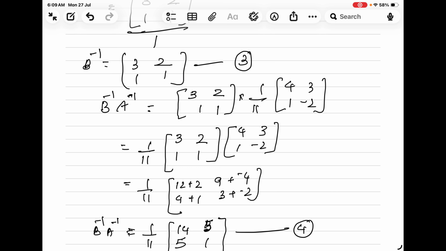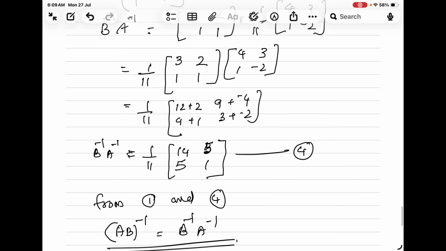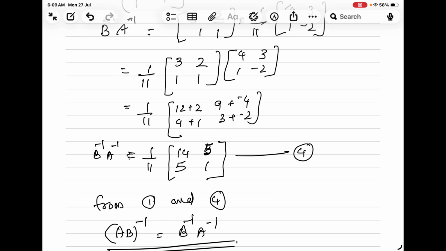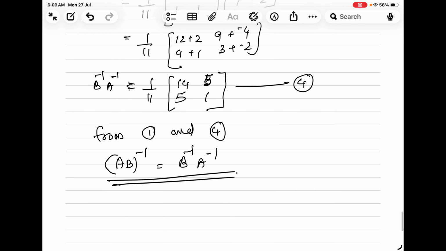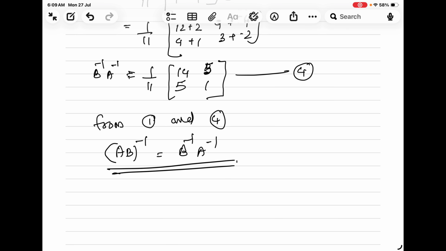That is 1 by 11 into 3 into 4, 12, plus 2 into 1, 2, 3 into 3, 9, plus 2 into negative 2, negative 4, and 1 into 4, 4, plus 1 into 1, 1, and 1 into 3, 3, plus 1 into negative 2, negative 2. Then B inverse A inverse equals 1 by 11 into matrix 14, 5, 5, 1. Then from 1 and 2, we get AB whole inverse equal to B inverse A inverse.